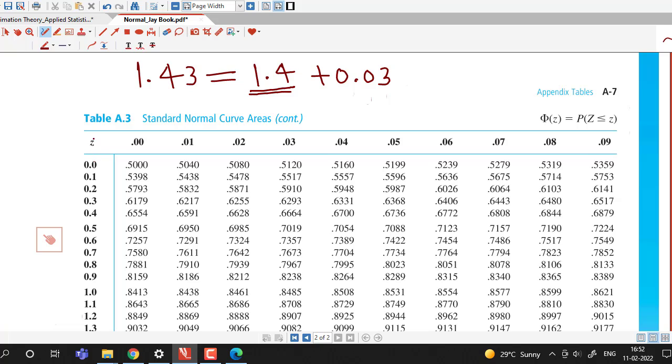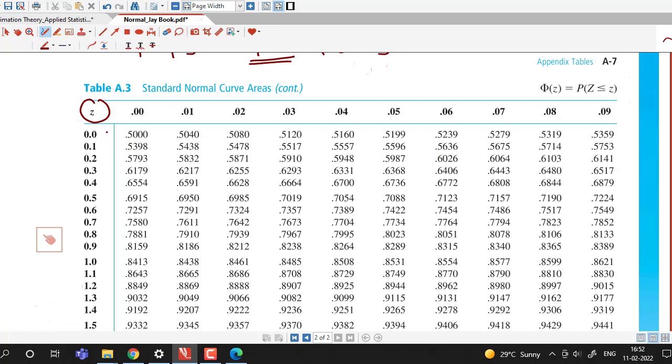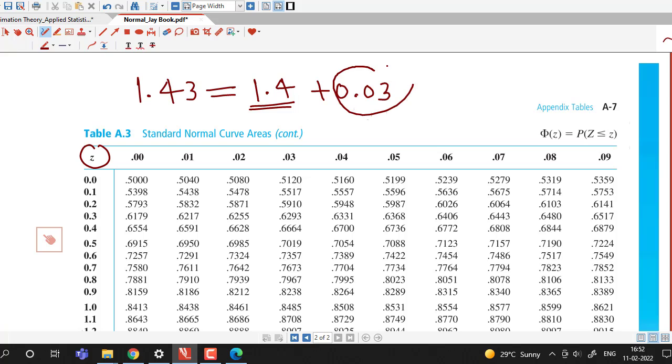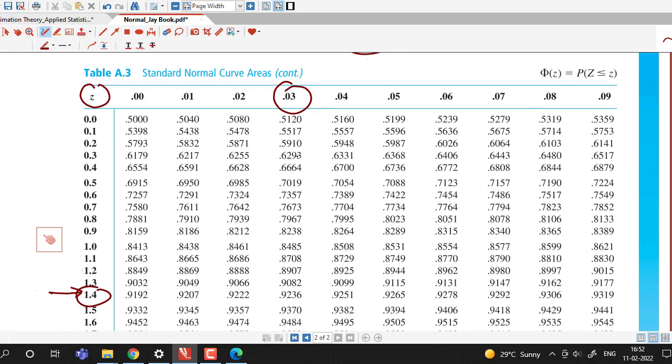So under the column of Z, I search for 1.4. So here I have row corresponding to 1.4, and I will search column corresponding to 0.03, which is this column, and if I take intersection of these two, I will obtain 0.9236.